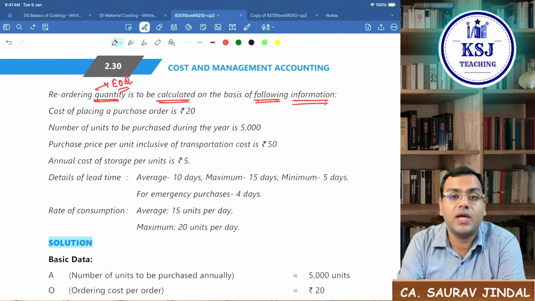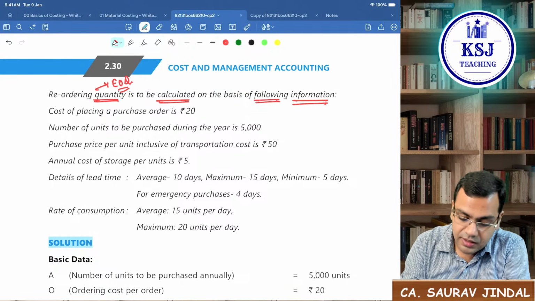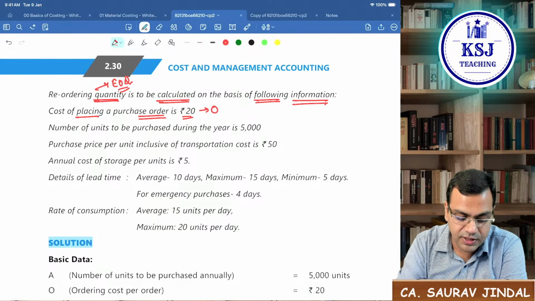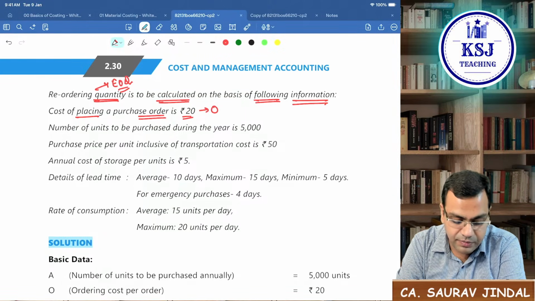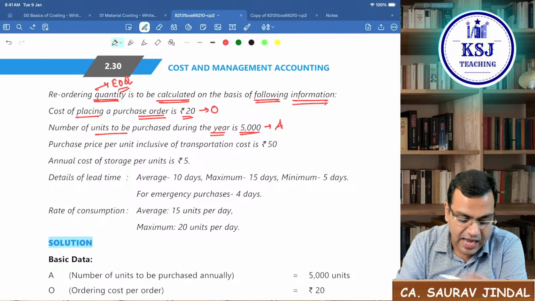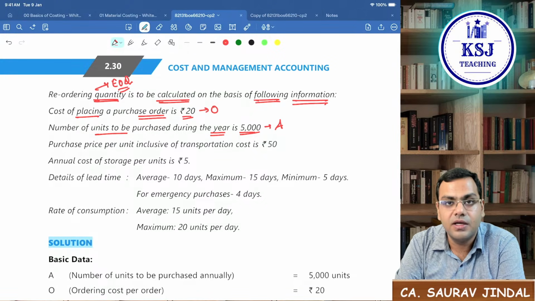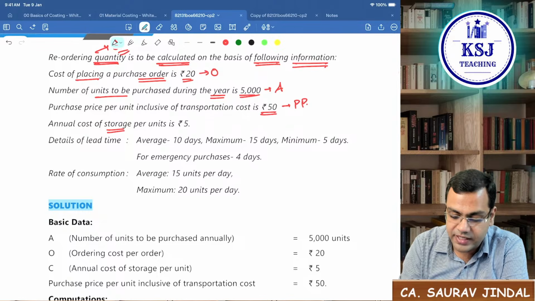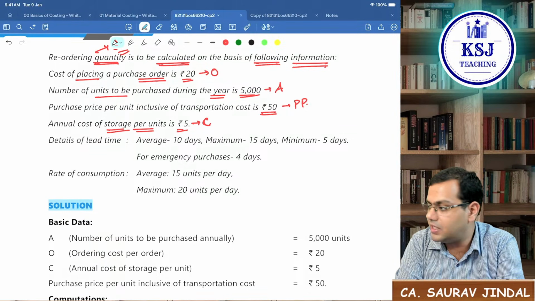Cost of placing a purchase order is ₹20; this is your O. Number of units to be purchased during the year is 5,000; this is your annual requirement, A. Purchase price per unit inclusive of transportation cost is ₹50. Annual cost of storage per unit is ₹5; this is the value of C. Instead of a percentage, they have directly given you the value.